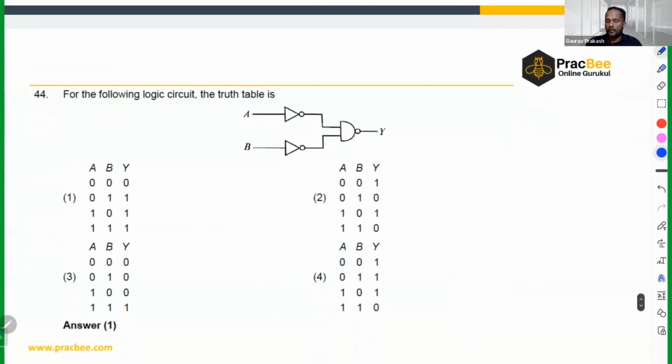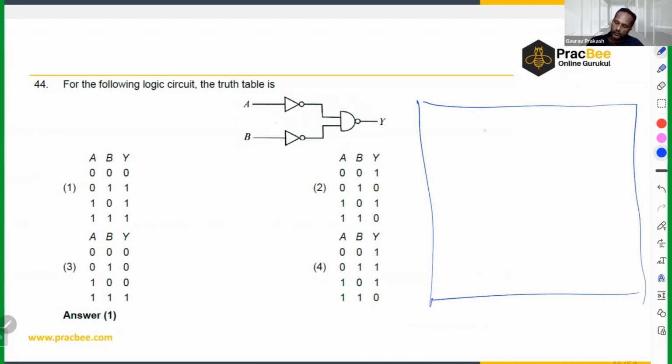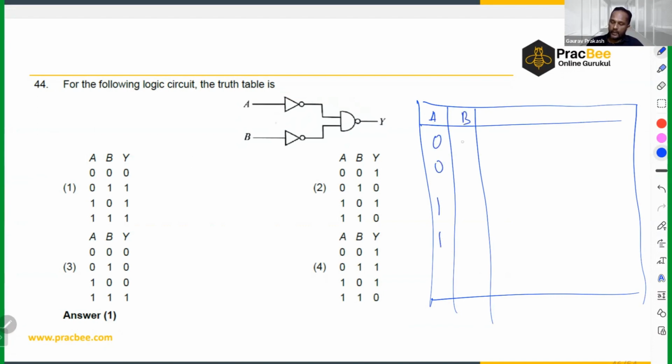44th question. For the following logic circuit, the truth table is. So I can easily draw the truth table. It's very easy. Suppose I take A as 0, 0, 1, 1, and B as 1, 0, 1, 0. So A naught, because this is a NOT and this is an AND.